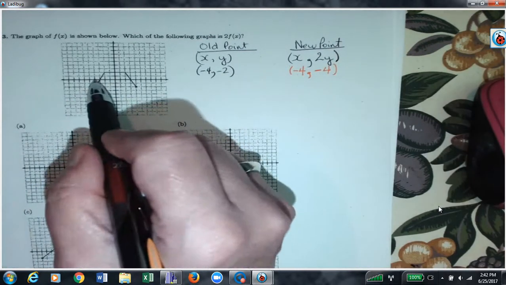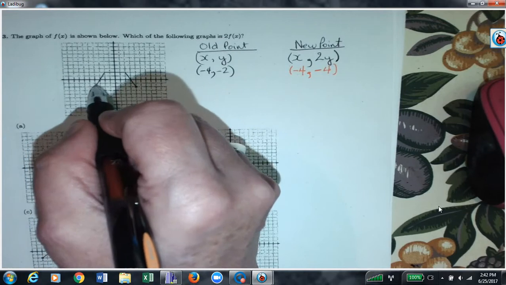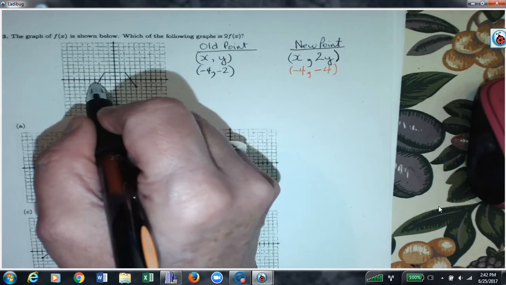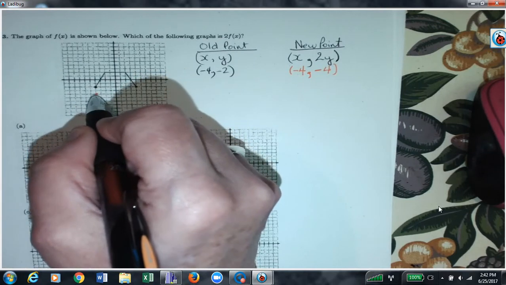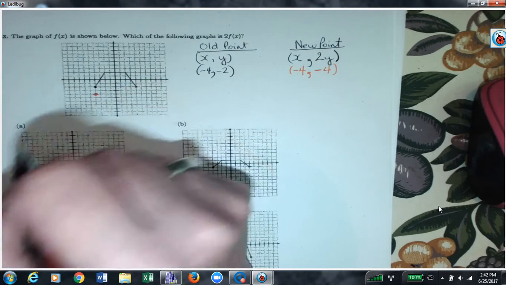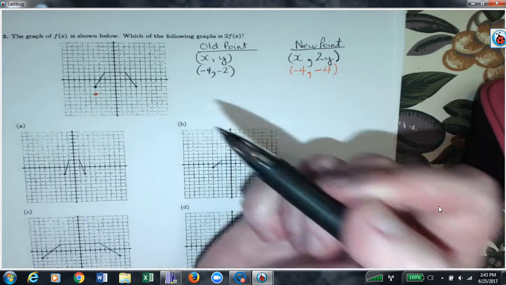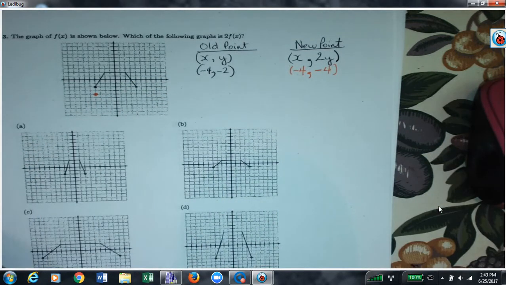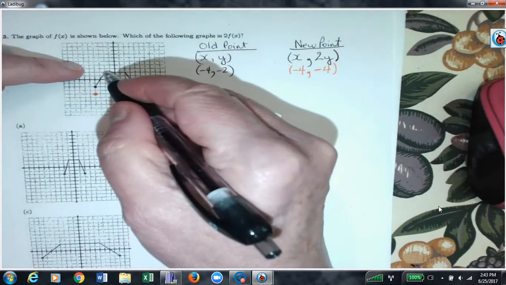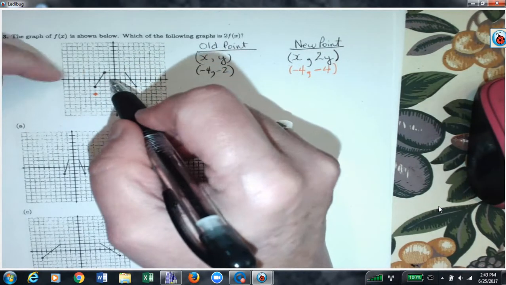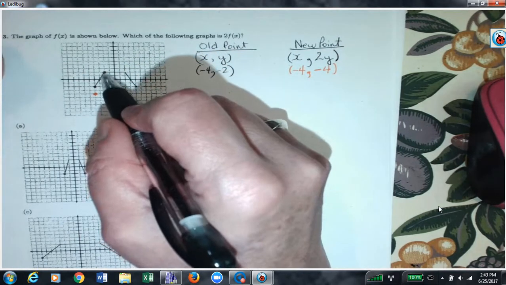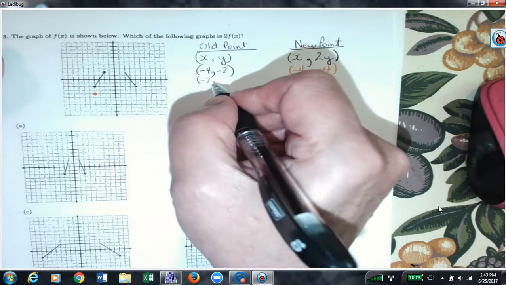So the new point will be -4, comma, -4. So I'm going to draw the transformed graph in the same one with a red pen. What about this point on the old guy? So that has coordinates -2, comma 2.